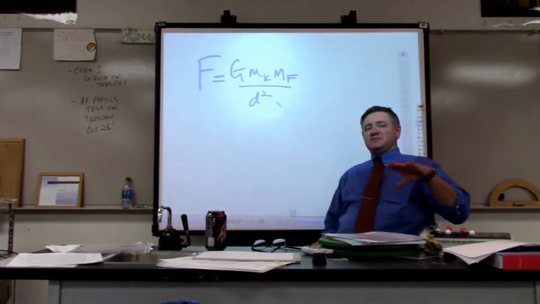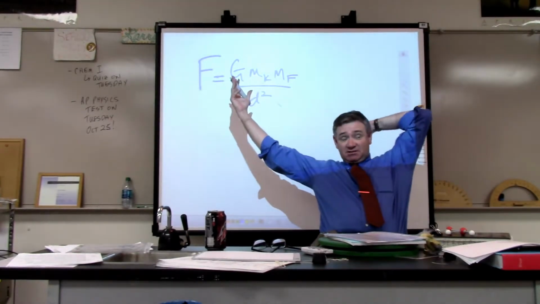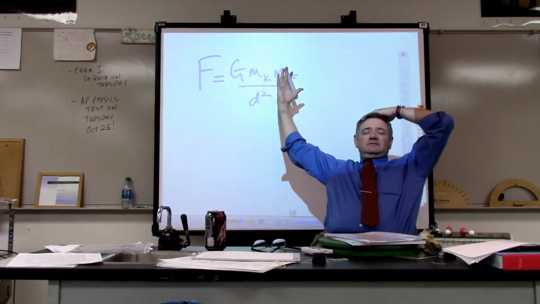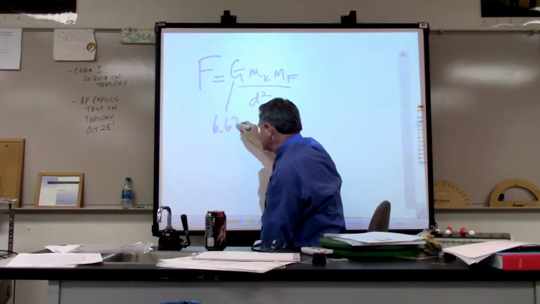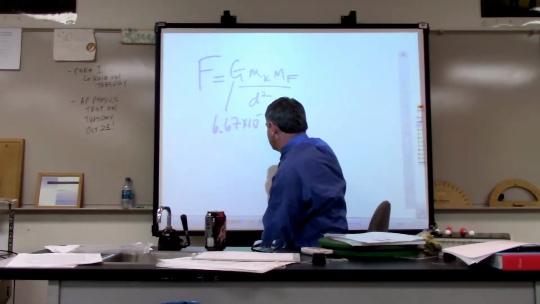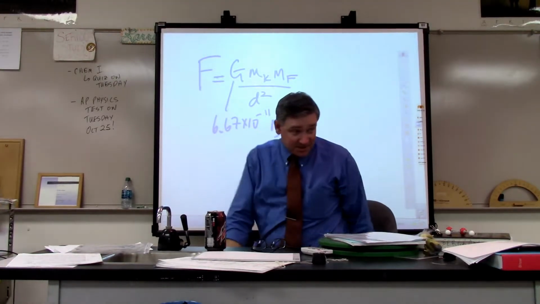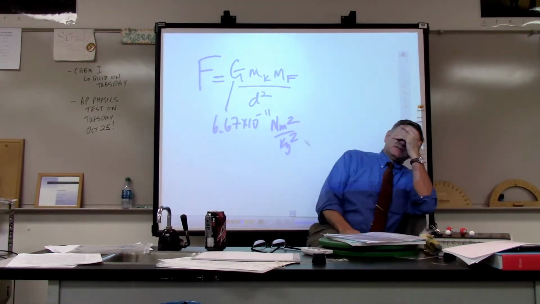All right, so yesterday we left off talking about this equation. Big G represents what? 6.67 times 10 to the negative 11 Newton meter squared over kilogram squared, otherwise known as the universal gravitational constant.